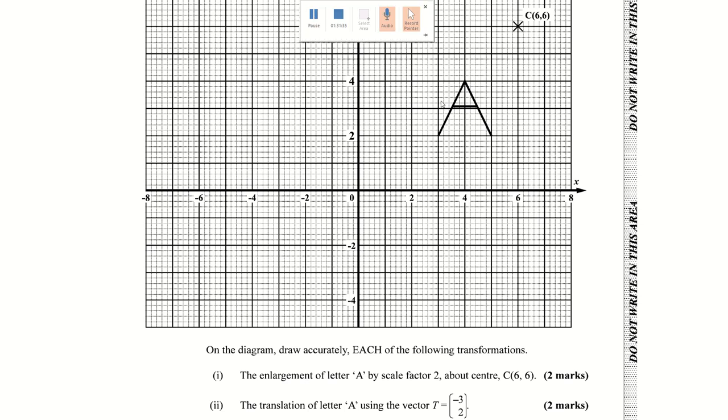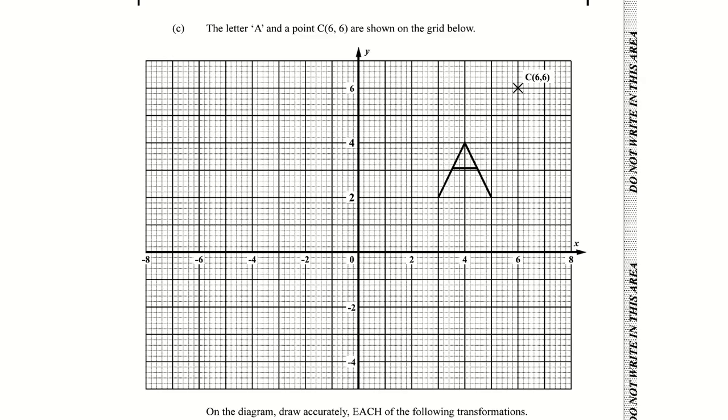So what you're going to do is remember, what do we know? If you have your center, you are going to draw these lines, let's make this a little bit thinner, to each coordinate.